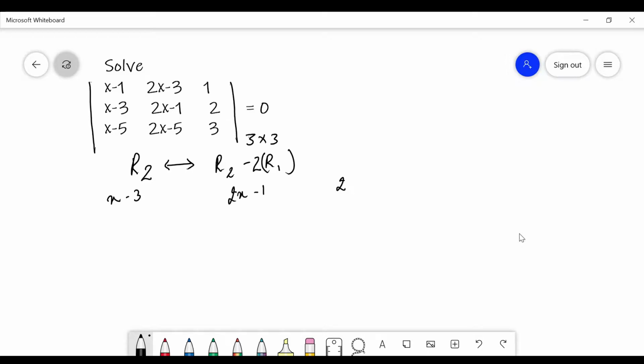If I multiply the elements of row 1 with 2, I will get 2x minus 2, 4x minus 6 and 2. And what I have to do? I have to deduct this. So I will get x minus 2x, that is minus x, and then minus 3 plus 2 gives minus 1.